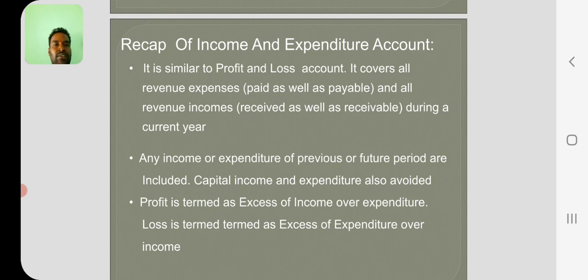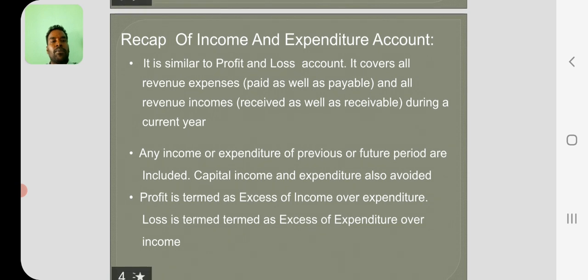So see here, in the previous class we already know that income and expenditure account, the second account, is prepared in a non-trading organization. It is similar to profit and loss account.